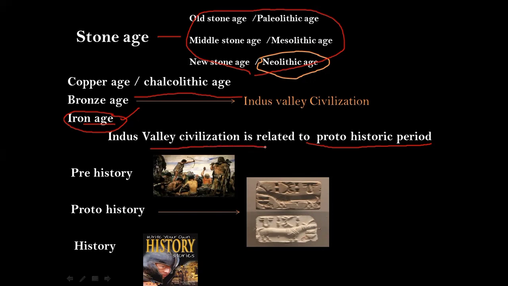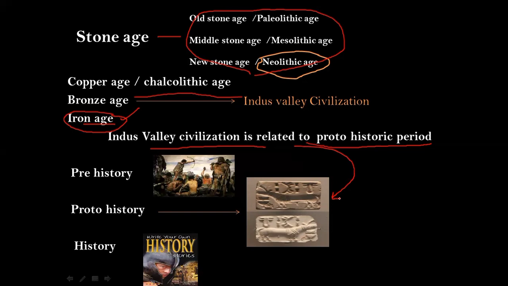We never know the intention of the people in writing the script, because it has not been translated even today. Therefore, the Indus Valley civilization falls under the proto-historic period. Any period in human civilization where the writing has not yet been deciphered or translated is called a proto-historic period.